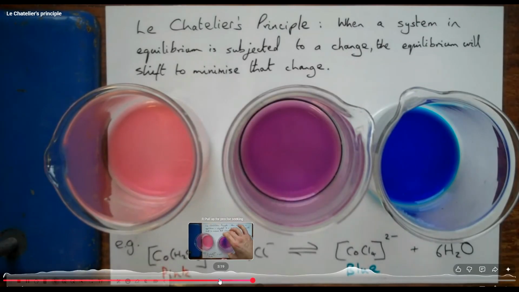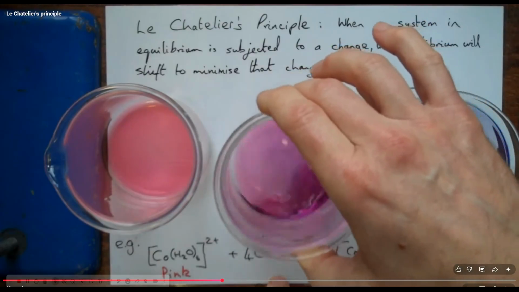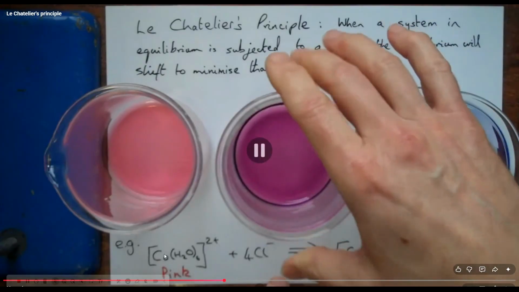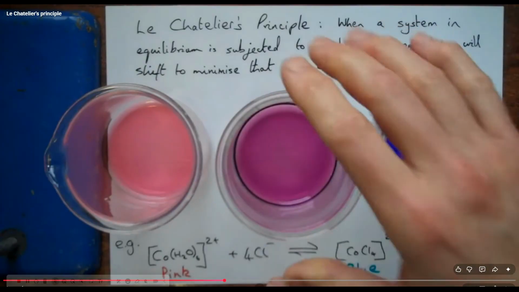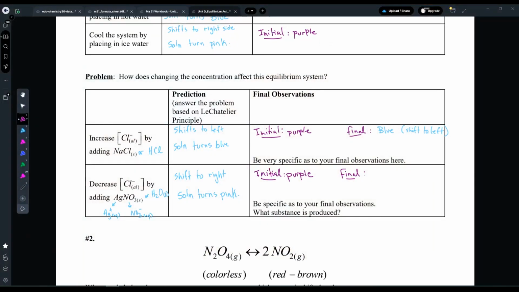Okay, so just as a reminder, when he added the water, the solution turned pink. So what we're going to do for our observations is we're going to write that in.